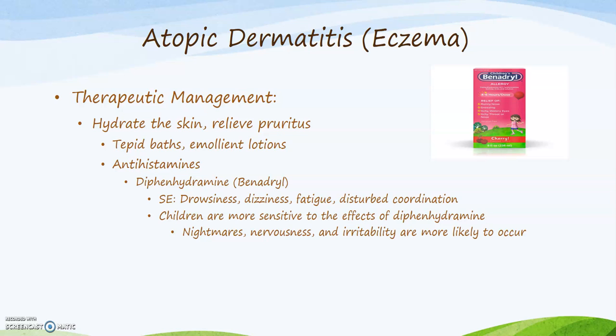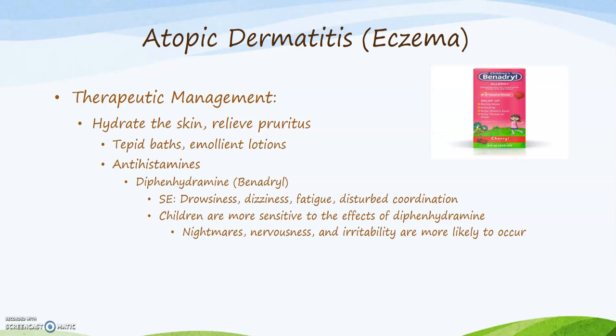And the biggest thing with Benadryl in the pediatric population is that it can go either way. It can act as a stimulant and cause the child to be almost of a hyperactive nature. On the other side of the coin, it can cause drowsiness, fatigue, calming down, if you will, and they fall asleep.